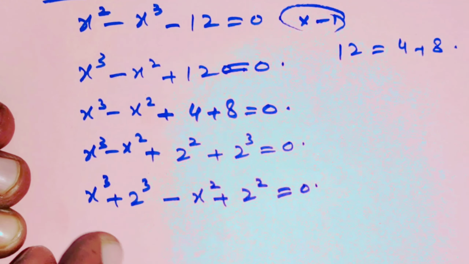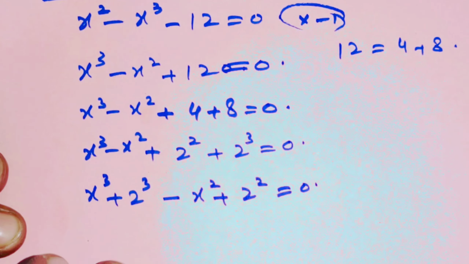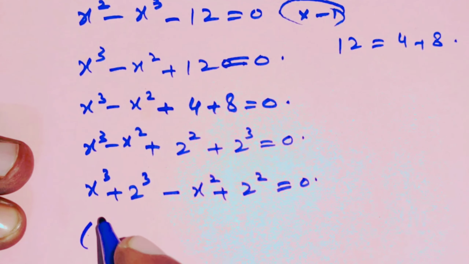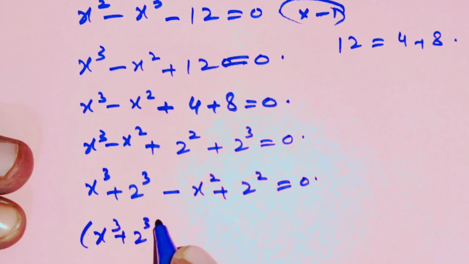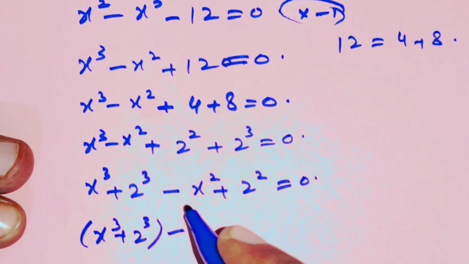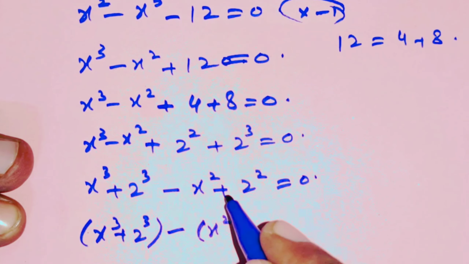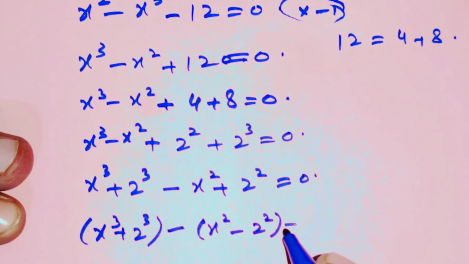Now keep these 4 terms in pairs of 2 for applying the formula. So it will be, in a small bracket, x cube plus 2 cube. Here we will take minus common, so it will be x square, the plus sign changed into minus, 2 square equals 0.